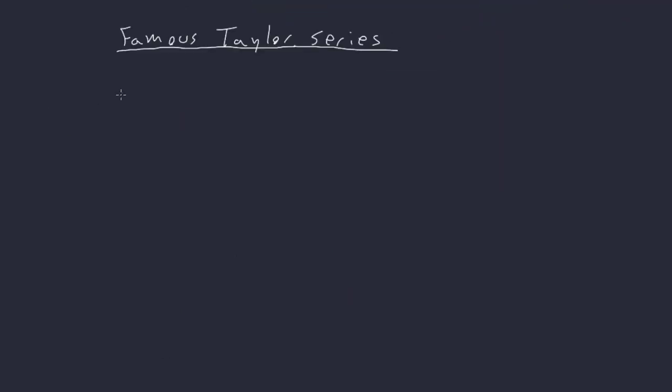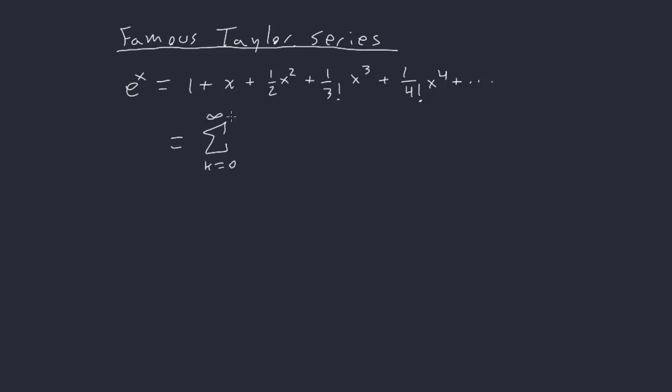Alright, so our first famous Taylor series is e to the x. We get that one, basically, it's 1 plus x plus 1/2 x squared plus 1 over 3 factorial x cubed plus 1 over 4 factorial x to the 4th, on and on and on. So really, it's the series k going from 0 to infinity of 1 over k factorial times x to the k.